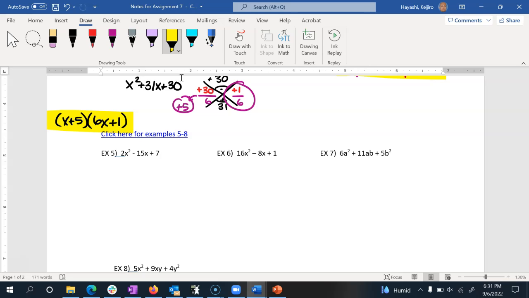How's everyone feeling about trinomials so far? Do you feel comfortable with them? Do you not like them, but you can do them? Or do you have a real burning passion and enthusiasm for trinomials? Okay.